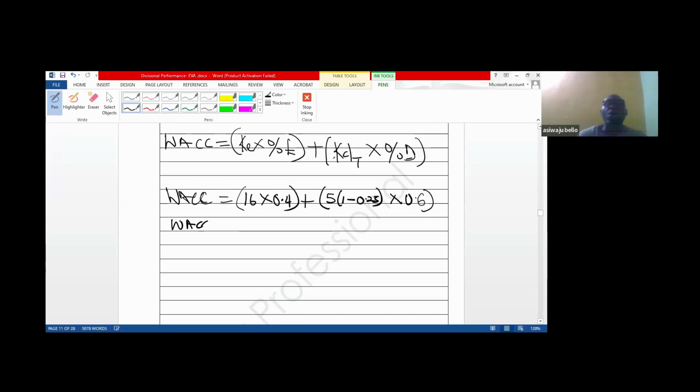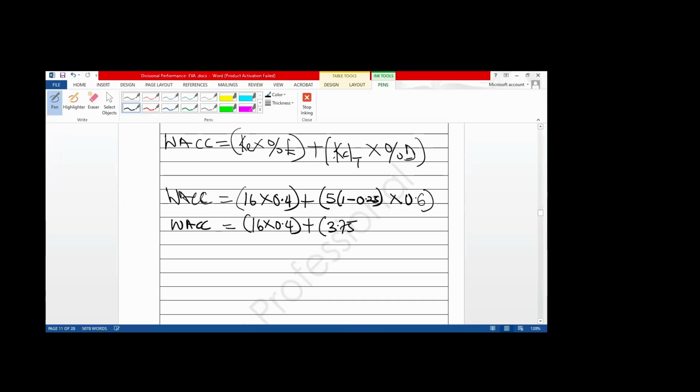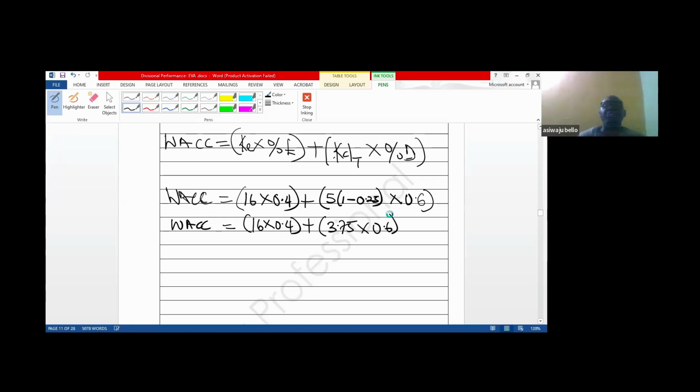Our WACC is equal to 16 multiplied by 0.4 plus 0.75 multiplied by 5, which will give me 3.75, multiplied by 0.6. Please work this out.